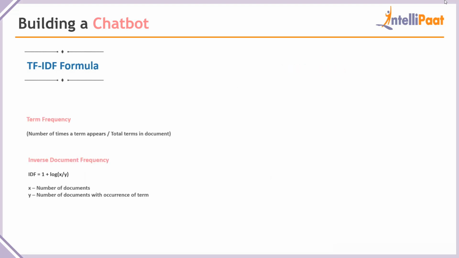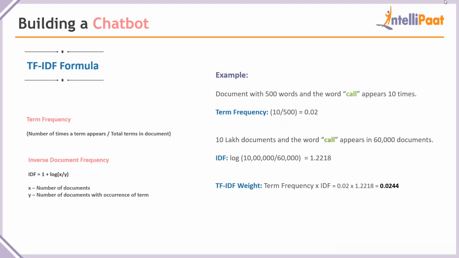So let's walk through this with an example. On the left, I've kept the formula so that you can refer to it while we calculate on the right. Let's say we have a document, which we also call a corpus. The corpus is basically the input document. Let's say we have a document of 500 words, and in these 500 words the word call appears 10 times.